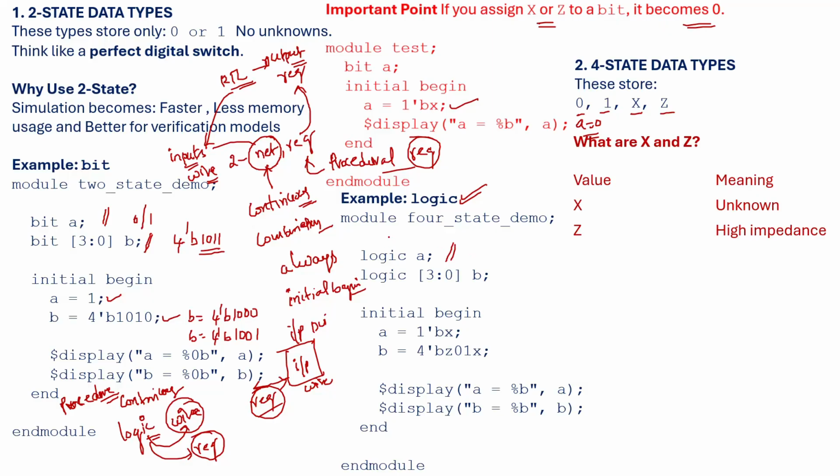Logic is a 4-state data type. It can store a single variable or a vector, such as a 4-bit vector or a single-bit variable. It supports unknown values and high impedance values, and whatever input we give will be stored here.